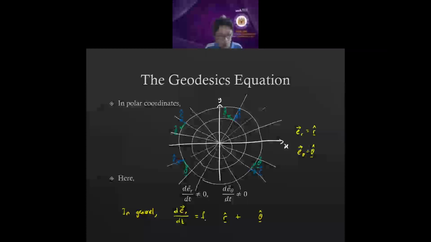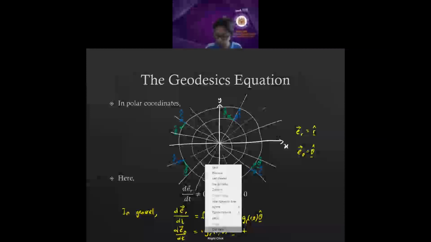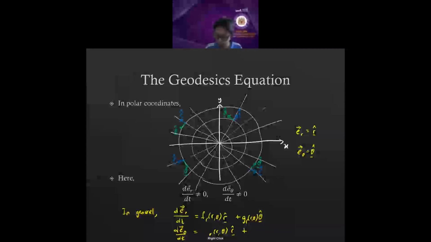So F_rr and G_r theta for the r hat, and for the theta hat it is going to be F_theta, and then G_theta r theta.